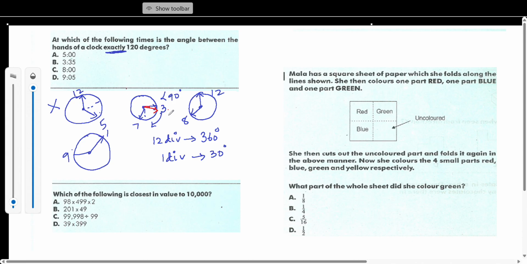8 o'clock, if you take, the moment the smaller hand comes to 8, the longer hand is at 12. This 9, this would be 90 plus 30. This is an exact 120 degrees.